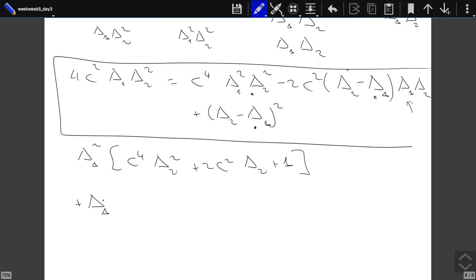Plus in delta 1, I have a delta 1 over here, the coefficient minus 2c squared delta 2 squared, and 1 delta 1 over here, minus 2 delta 2, and 1 delta 1 over here, minus 4c squared delta 2 squared.